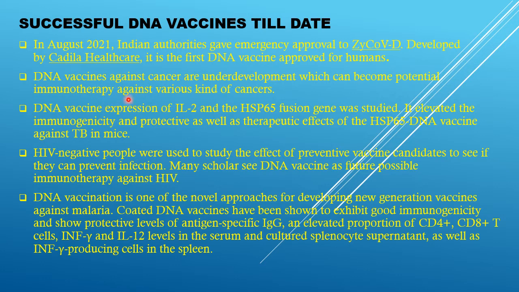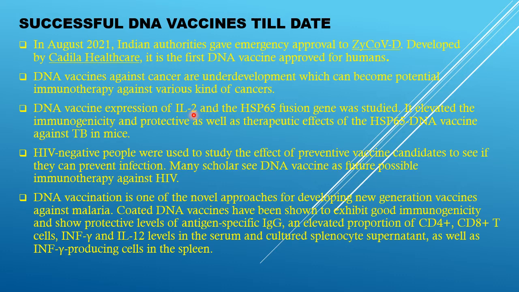DNA vaccines against cancer are under development, which can become potential immunotherapy against various kinds of cancers. DNA vaccines expressing IL-2, which is interleukin 2, and heat shock protein 65.